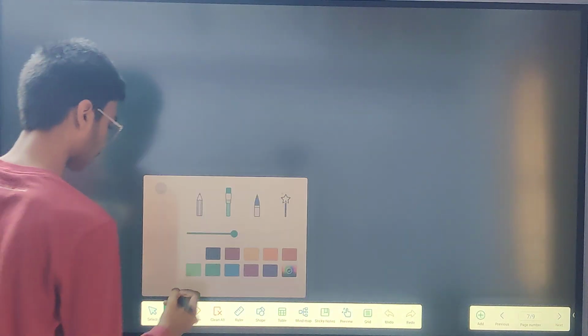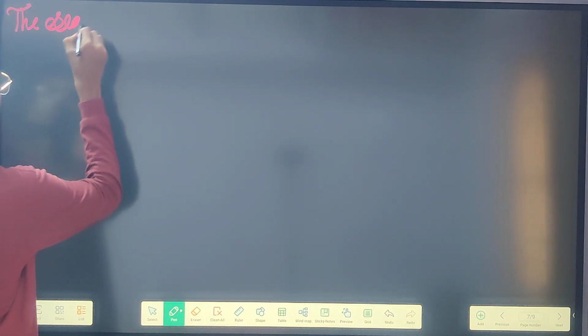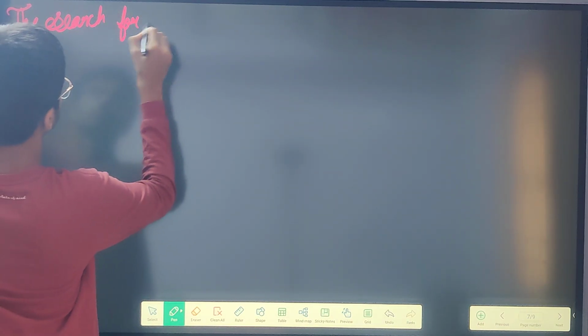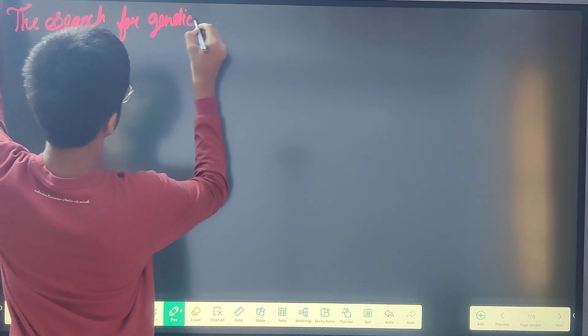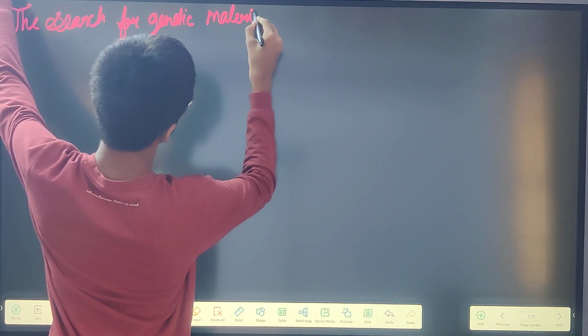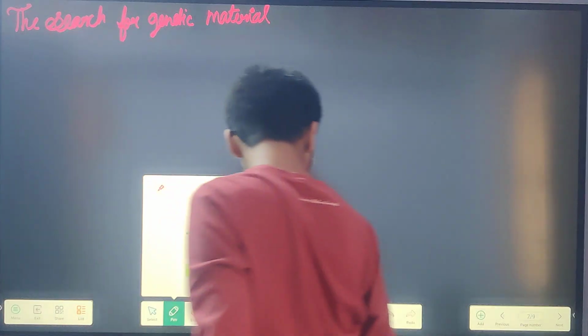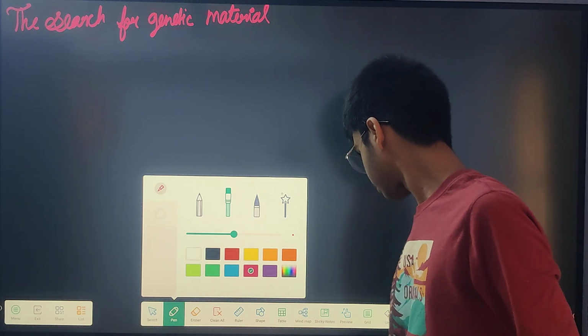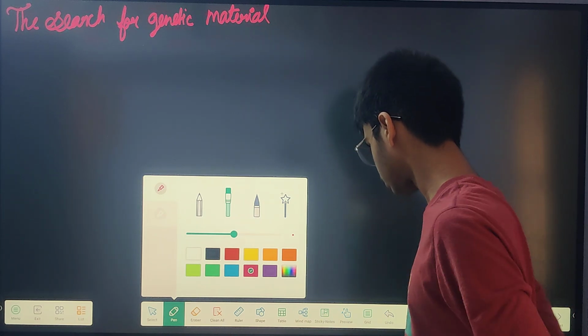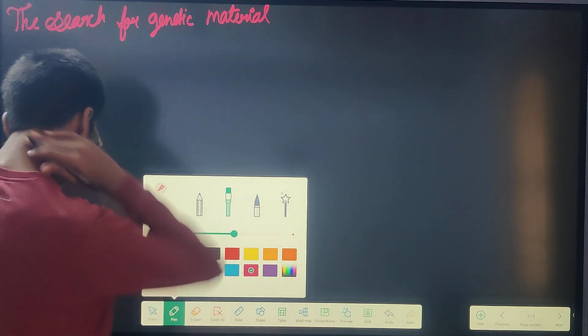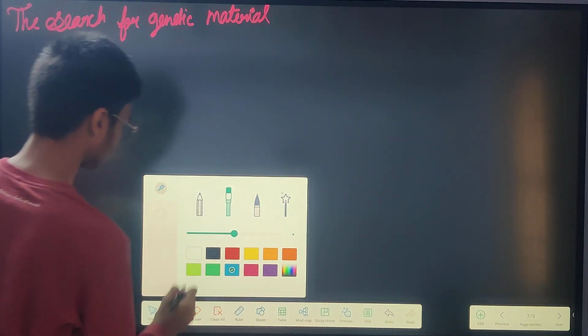Okay, so now coming to the next concept, which will be the search for the genetic material. First of all, we will be checking out a few terms.